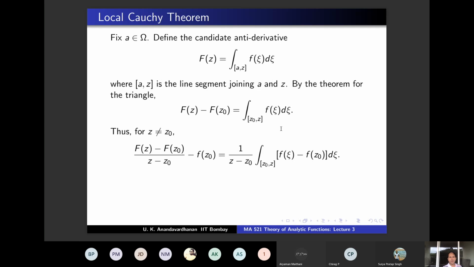Therefore, this can be made arbitrarily small as z goes to z naught. That means F prime at z naught is f(z naught). So that shows that F prime equals f by the continuity of f, and therefore by the fundamental theorem of calculus from one variable calculus, you get that the integral of f is 0. So this is what is called the local Cauchy theorem.